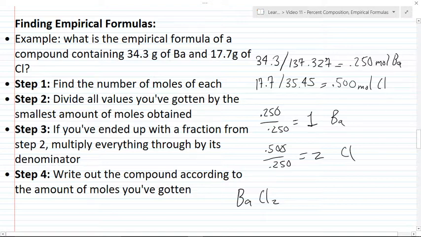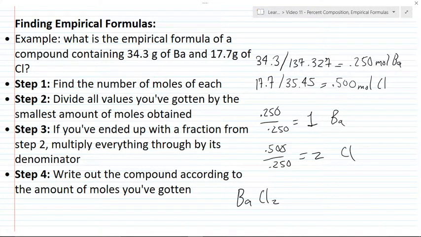Alright, and so I just want to get your feedback on this. This is sort of a tough concept, so we can go over this again. So the first thing is that they'll give you the grams of each element occurring in the compound, and your job is to find the empirical formula of that compound.